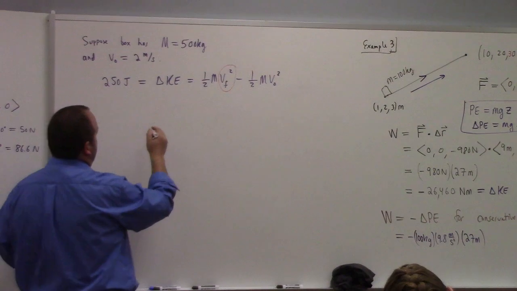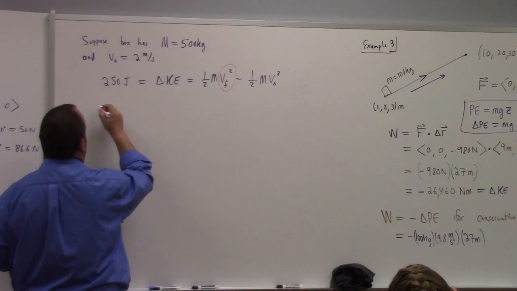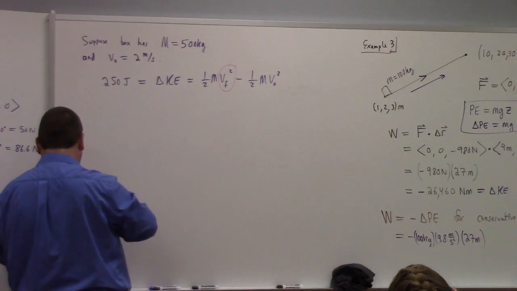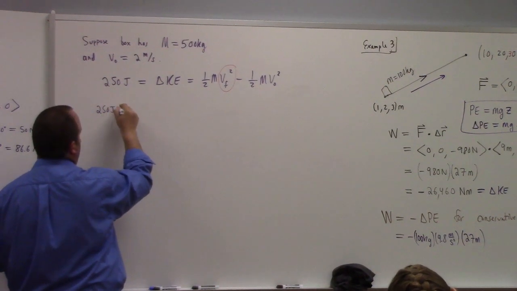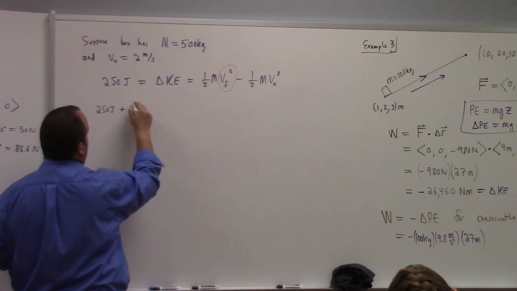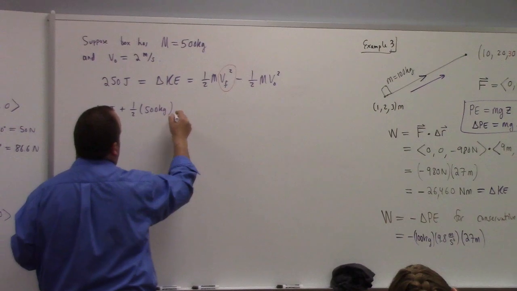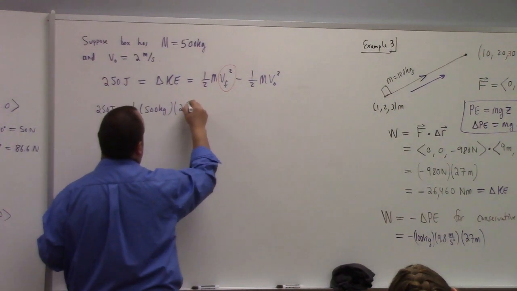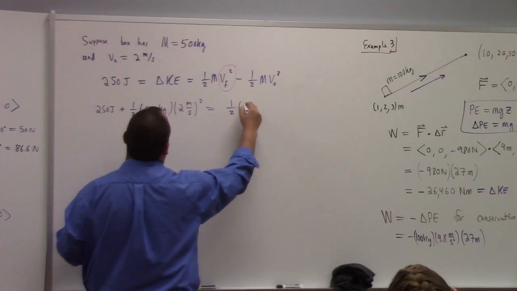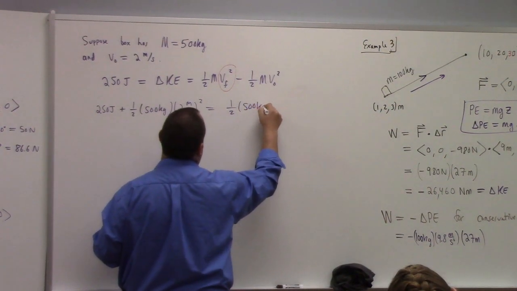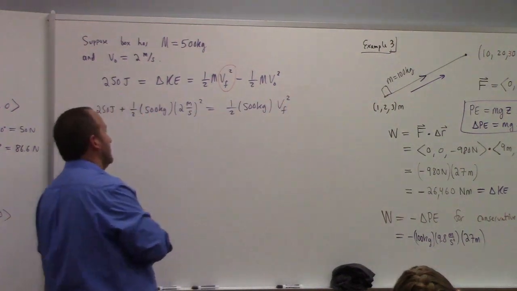I think we can. So I have 250 joules plus 1/2, and my mass is 500 kilograms. My initial speed was 2 meters per second squared. That's going to equal 1/2 times 500 kilograms times the speed squared that I don't know.